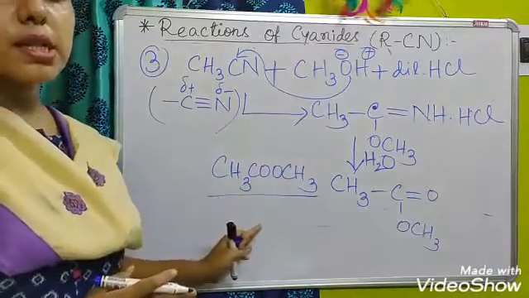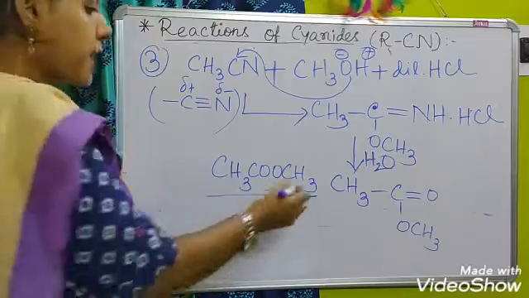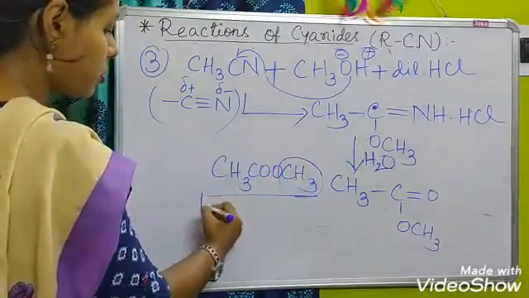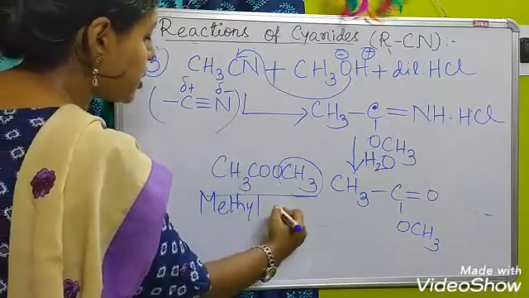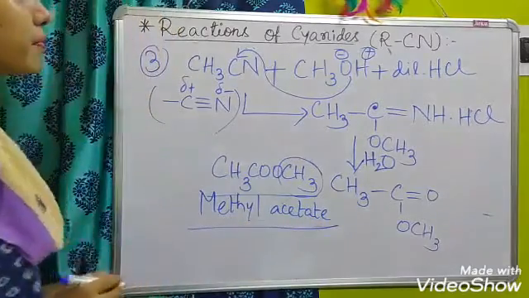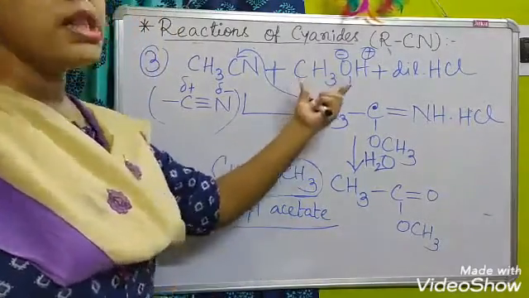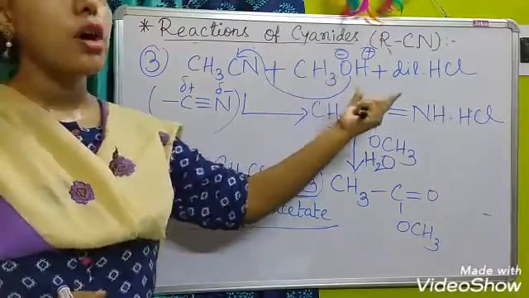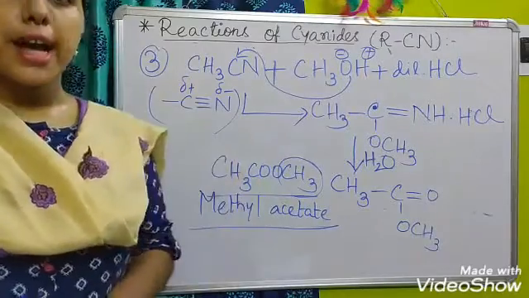So what type of compound is this? This is an ester compound. And what is the name? The name is methyl, then this part, acetate. So after its reaction with an alcohol in presence of acid, it will make this type of ester.